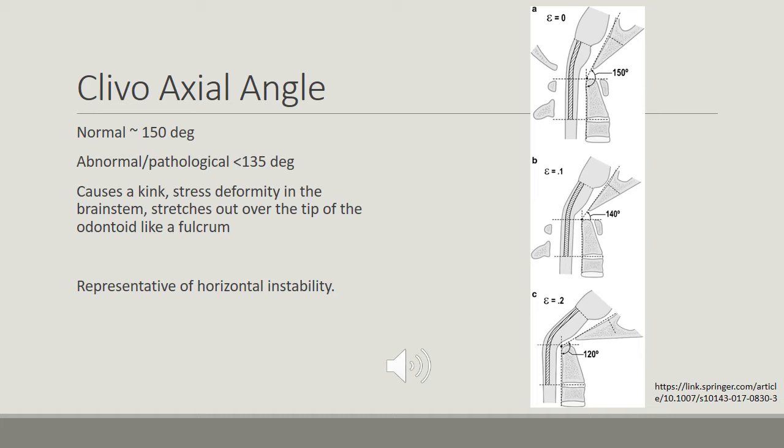It stretches out over the tip of the odontoid like a fulcrum, and that's what I always think when I see this picture of that kneecap, which is present to reduce that shear stress and force, and there's just not one present here. So that brainstem ends up being that point there that bears all the load. This would be representative of a horizontal instability.